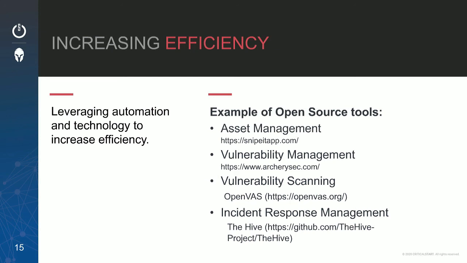I mean, these may not be the best, like OpenVAS is definitely not the best in the industry. It's free, it's decent for very small organizations, and there are others out there that are free that are a little bit more wide scale. But for incident response management, TheHive, this is a project I recently came across. It looks pretty decent. The point being is, just because it's open source or free doesn't mean it's not going to help increase your automation and efficiency.